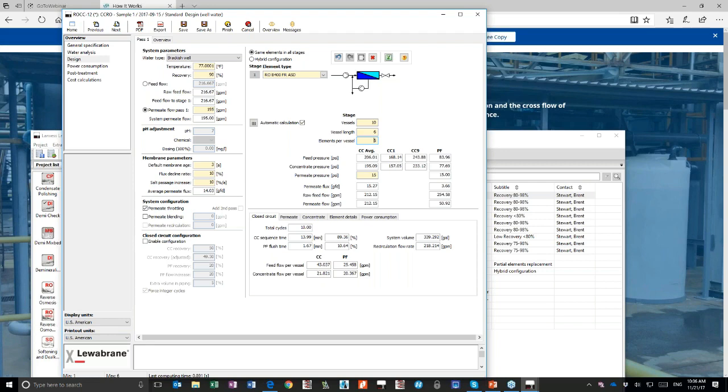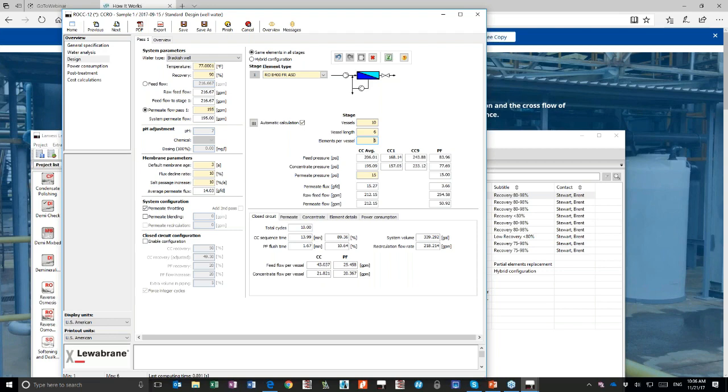So one thing to remember with CCRO, say lead element flux, if you overflux that first element, well, first of all, we have much better flux distribution because you have 5 membranes in a 1-stage system versus 3 stages, 15, 21 membranes. The thing to consider when you have that high lead element flux is it may only be the last 1 or 2 cycles versus a traditional system, where you're going to be overfluxing that first membrane 24/7.